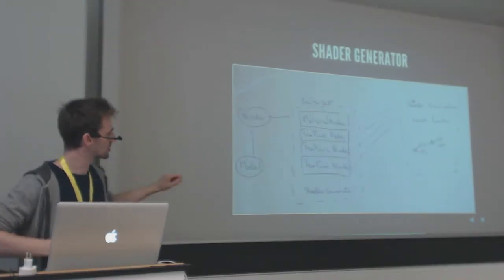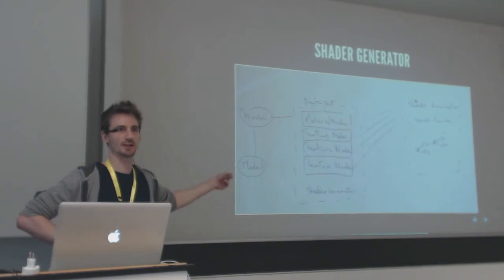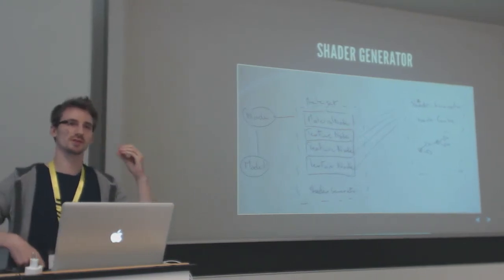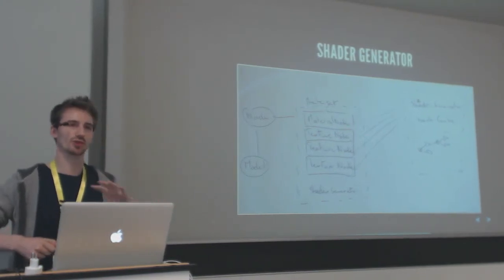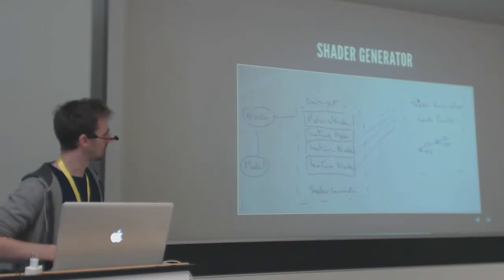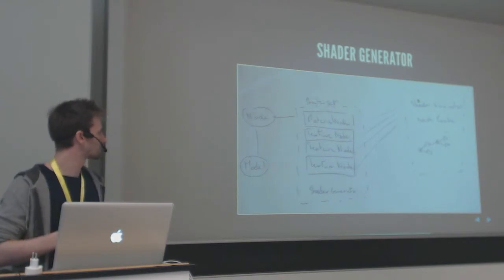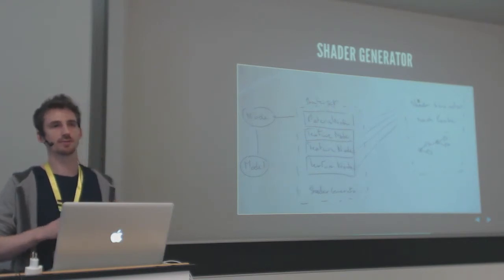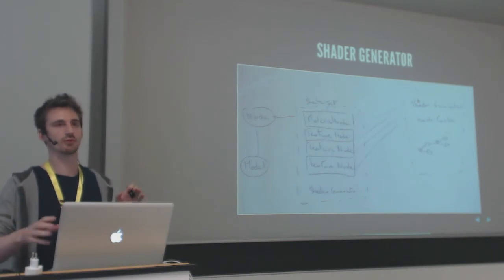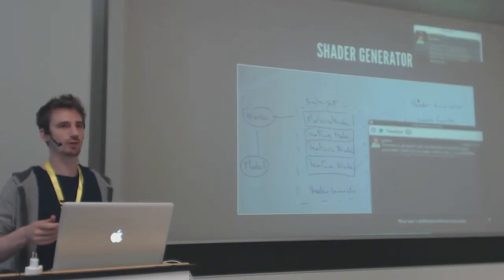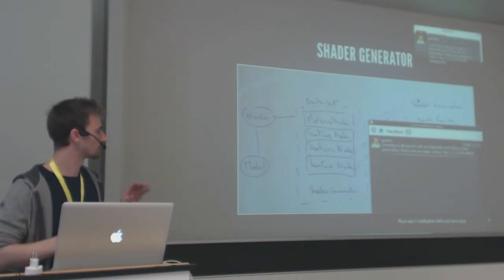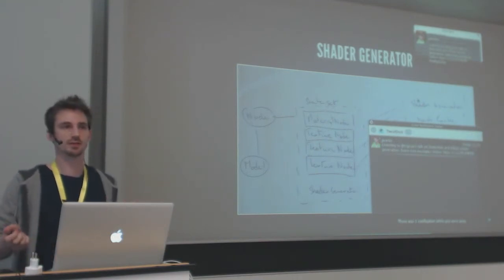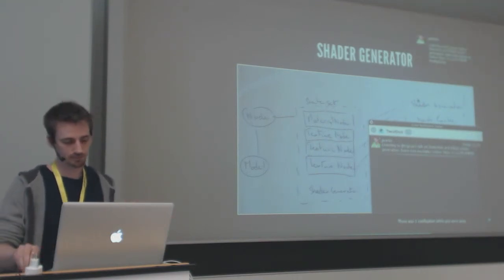Then customizing the shader generation and assigning the right one to the state set will generate the right shader for the right object. And that's really convenient when you have a lot of different kinds of objects you have to import, and you don't really know what the input will be.